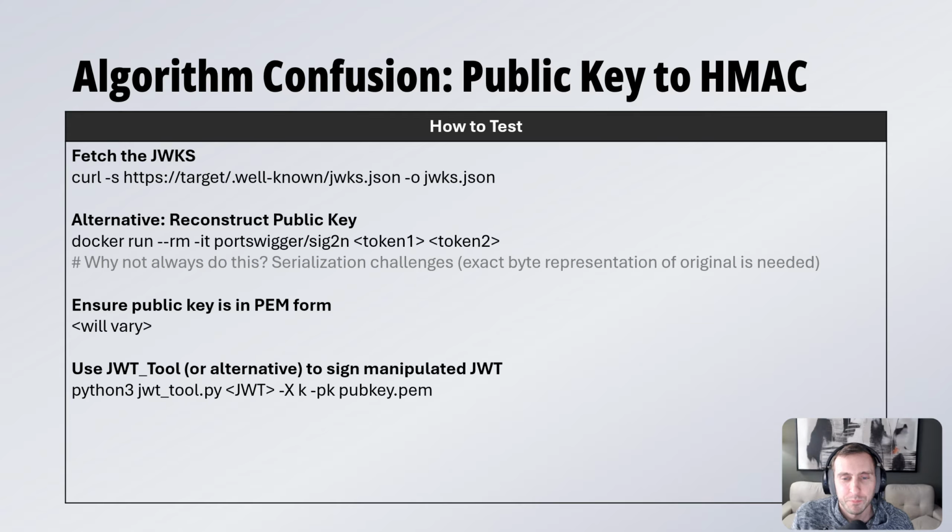And I think the original tool, and probably this Portswigger adaptation of it available with a Docker container, which is probably the easiest way to run it, creates a few different representations because, as I mentioned, there are different ways to serialize it, and that's going to result in different bytes that will lead to different outcomes when you're using an HMAC algorithm.